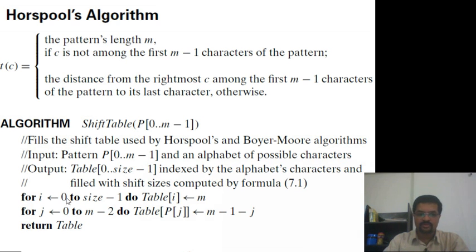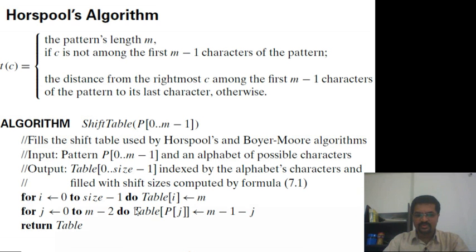How many unique characters are we going to have in the input text and also the pattern? Right. To start with, initialize all the characters in the alphabet with m, which is the maximum possible shift, and then run through the pattern from beginning to end, and update the shift value with one better than m, which would be lesser than m.